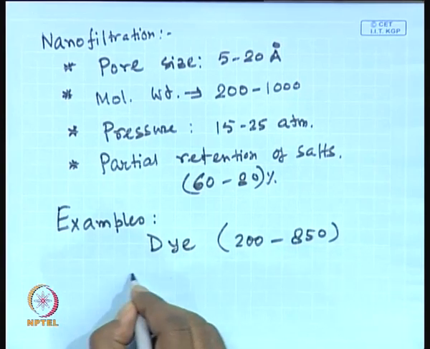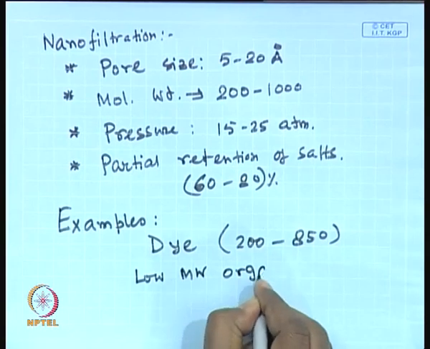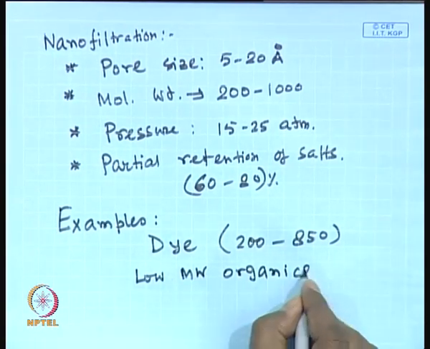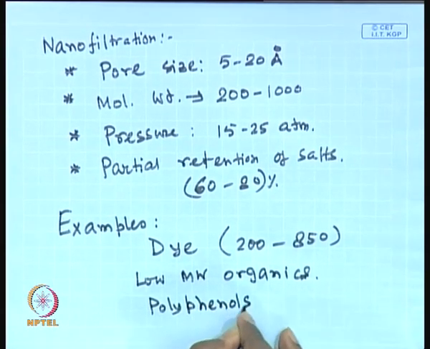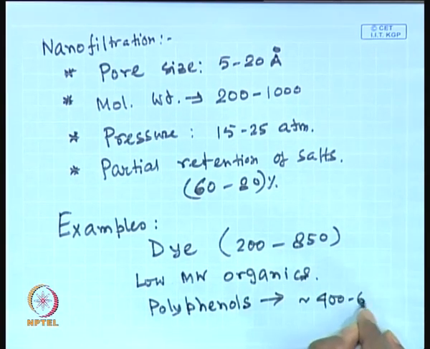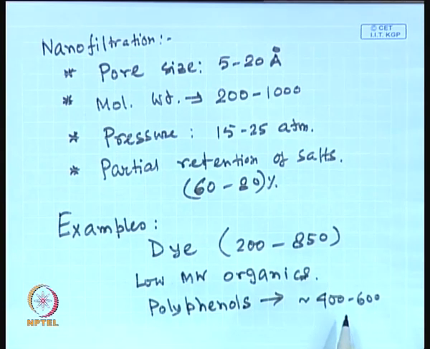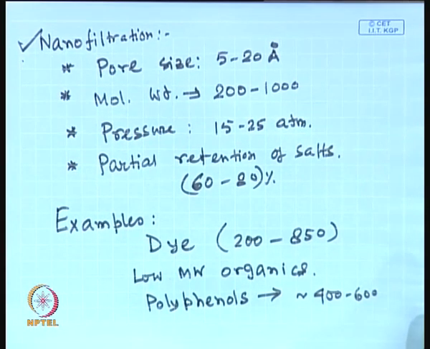Small, low molecular weight organics, for example polyphenols, have a typical molecular weight between 400 to 600. They can be separated by nanofiltration completely. So you can select an appropriate cutoff or characterized nanofiltration membrane and separate out the polyphenols or dye. And nanofiltration has tremendous application in treatment of textile effluent.